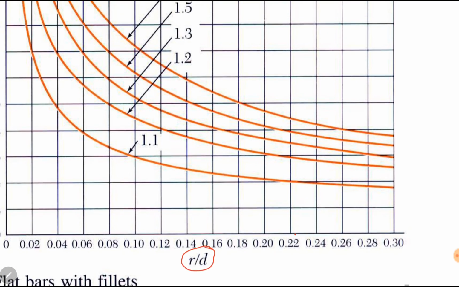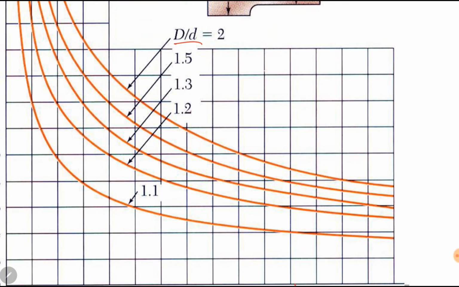We do not have 1.375 in the diagram. We have 1.3 and 1.5. So it will be somewhere between these two curves. So we will find K for D by d equal to 1.3, and K for D by d equal to 1.5, and then we will use interpolation.